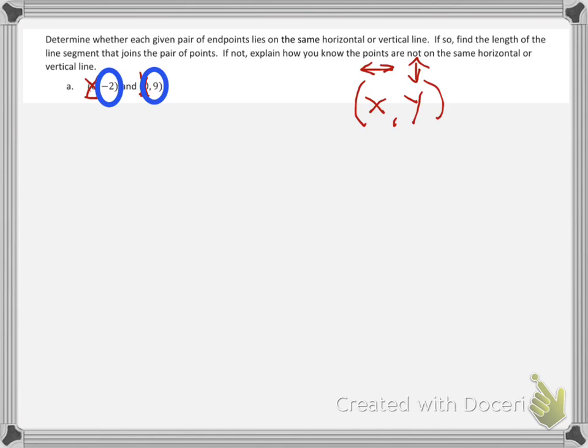Well, we said in class that if the values that change have opposite signs, we're going to add absolute values to determine the distance. So the distance here is going to be the absolute value of -2 plus the absolute value of 9.